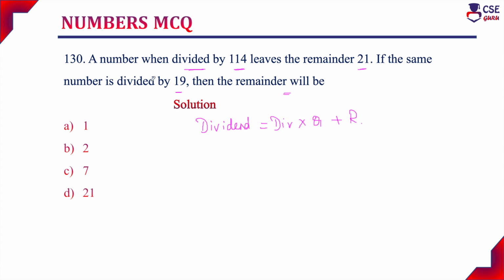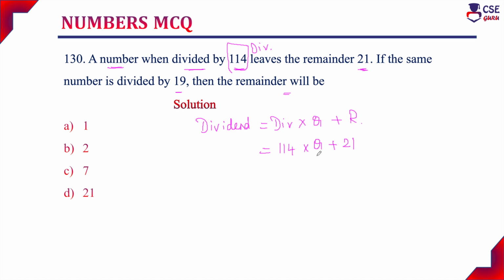We don't know the dividend. 114 is the divisor, the quotient is not given, and the remainder is 21. So the dividend is 114 into Q plus 21.